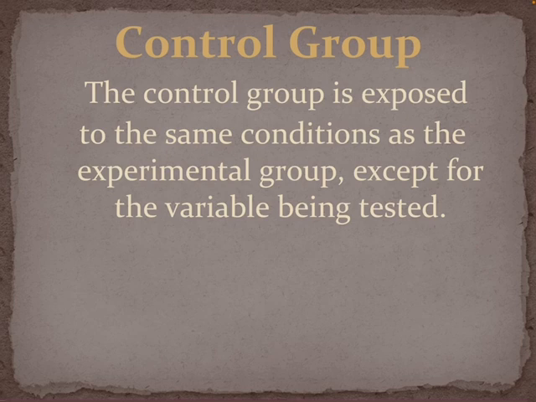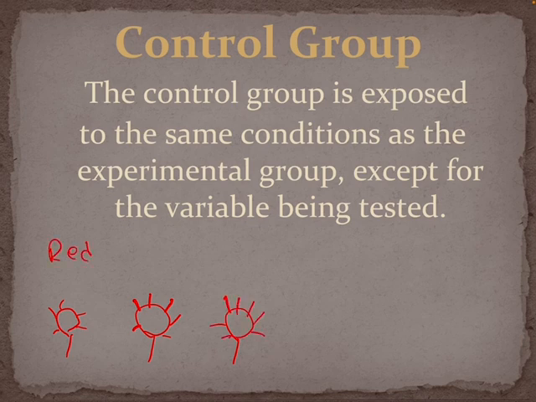So you see here, the control group is exposed to the same conditions as the experimental group, except for the variable. Just like I said, the independent variable is not placed on this plant. So if you have plant 1, you have plant 2, you have plant 3, right? This one is under red light.